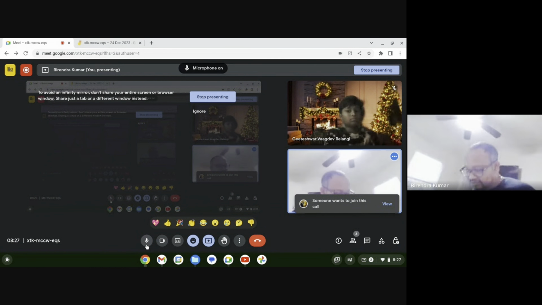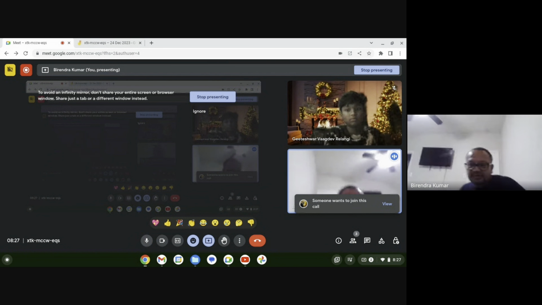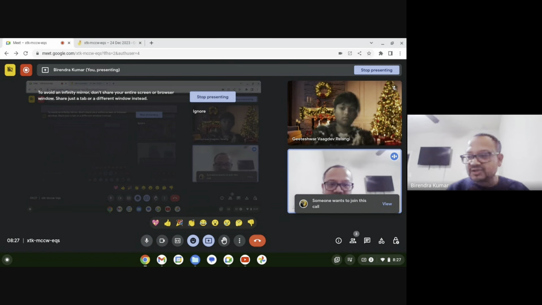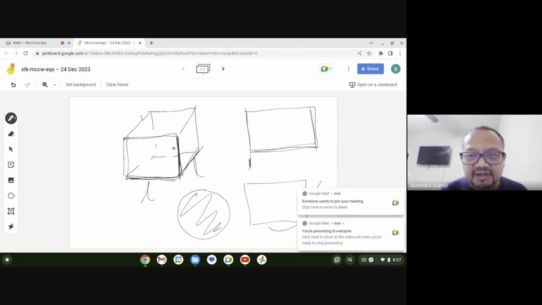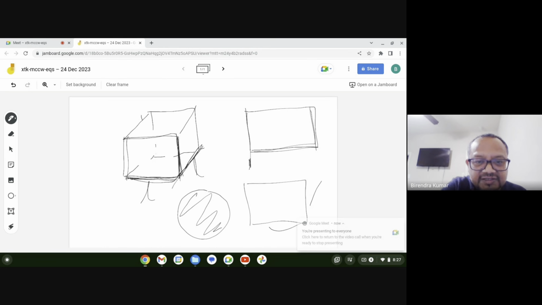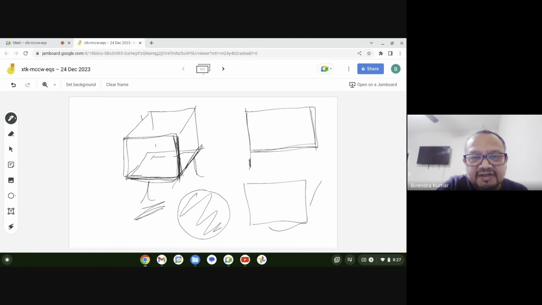All right. Sorry for the disturbance. So what I was saying was, we looked at a cube, right? You take a square which has all the sides the same. And if you make its height the same as this length, okay? So a square has all the sides the same.